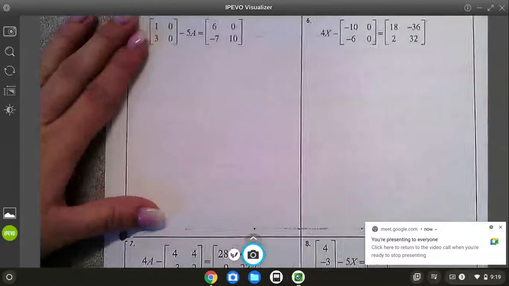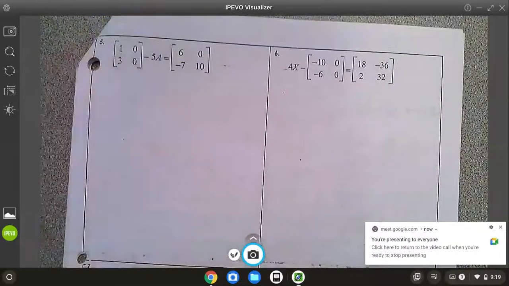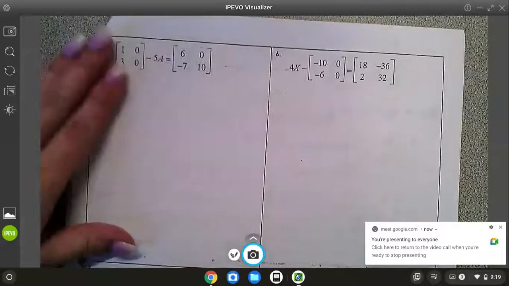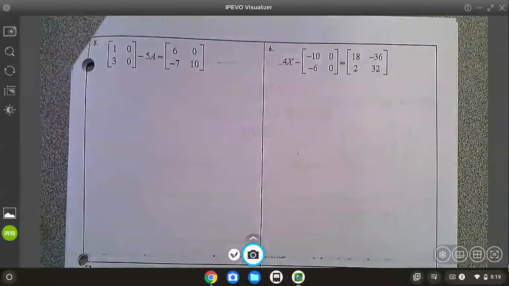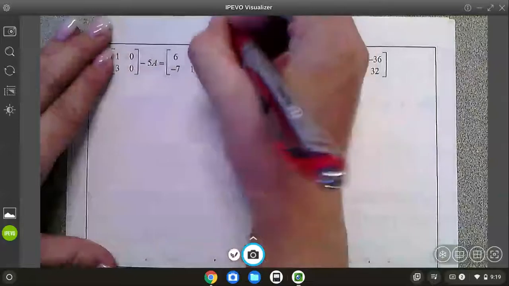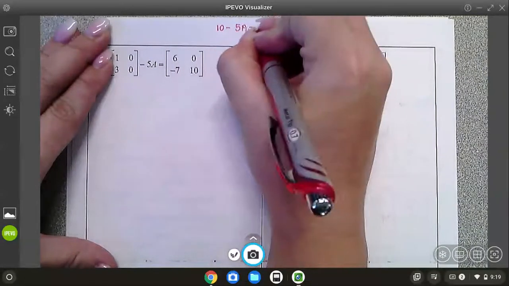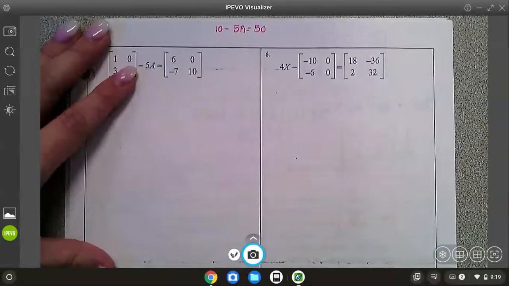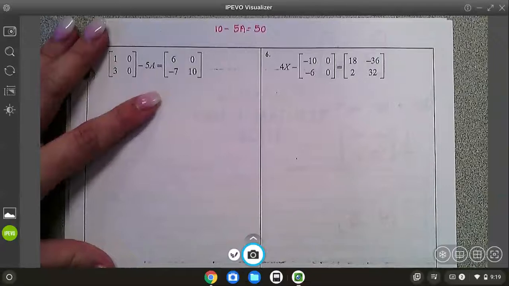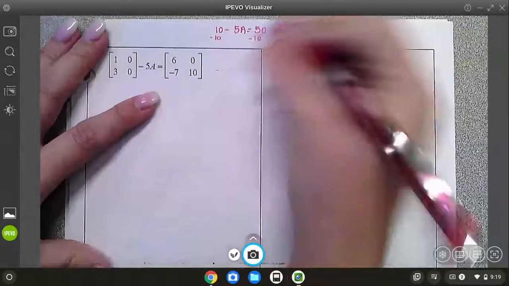All right. Getting into some more that are two-step equations. Let me throw out a hypothetical example for you. What if I had 10 minus 5a equals 50? What step would you do first? We would subtract 10 first.